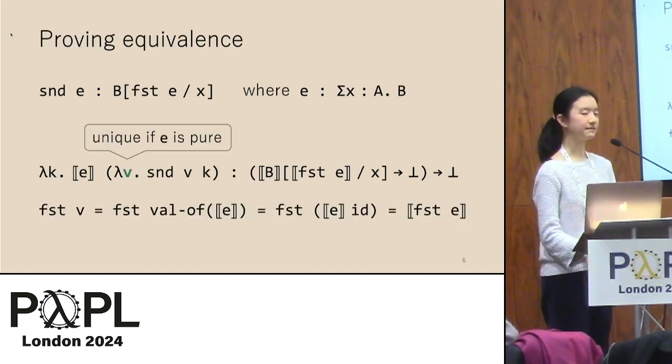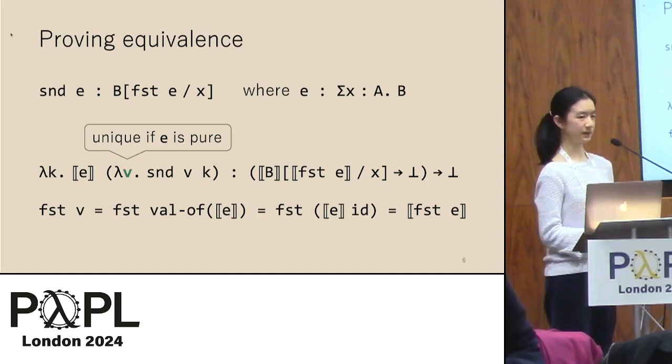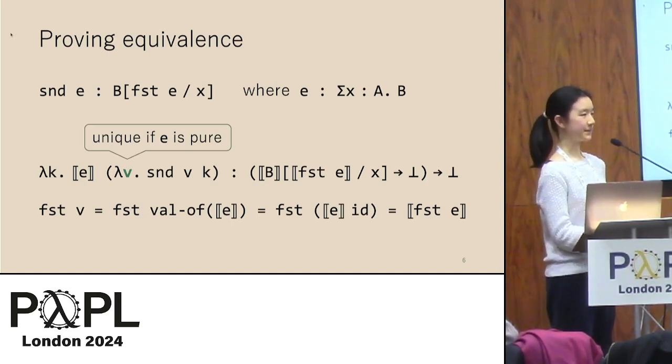The intuition is that if the source term E is a pure term, that is, if E has no control effects, then the continuation passed to the translation of E will receive the unique value. This unique value corresponds to the result of evaluating E, and it can be extracted by running the CPS of E with the identity continuation.